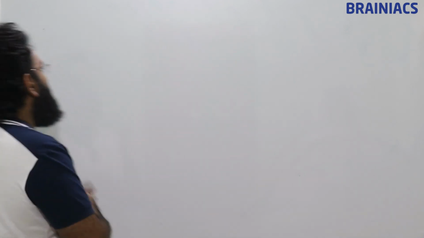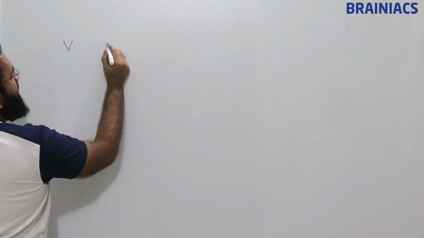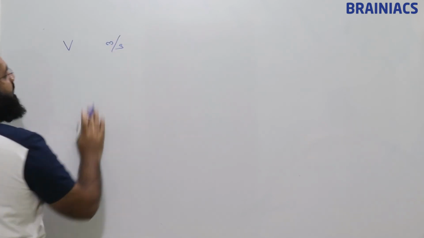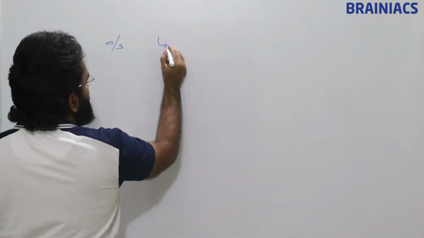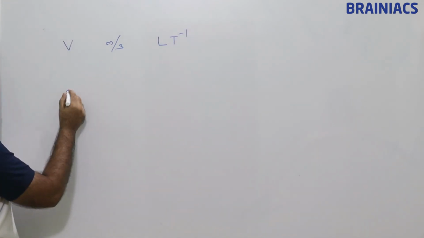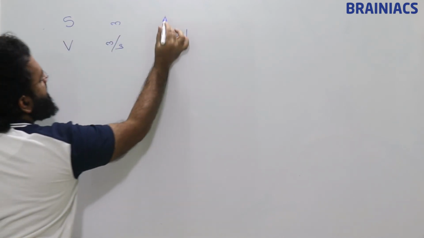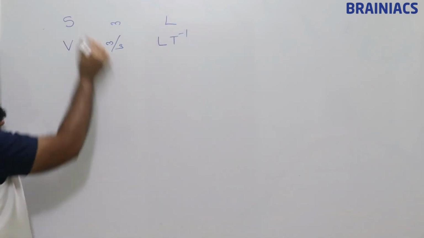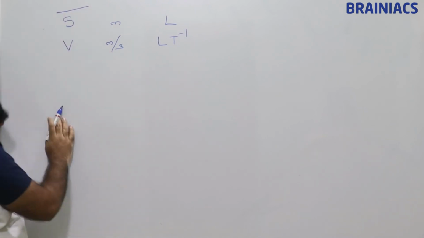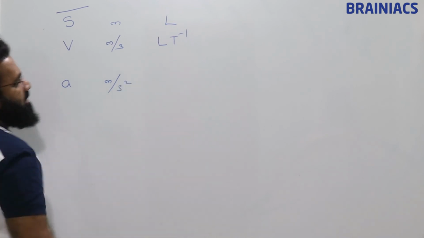See, velocity, what is its unit? Meter per second. What is its dimension formula? LT raised to -1. If distance or displacement, it is meter, it is L. Same way acceleration, meter per second square.